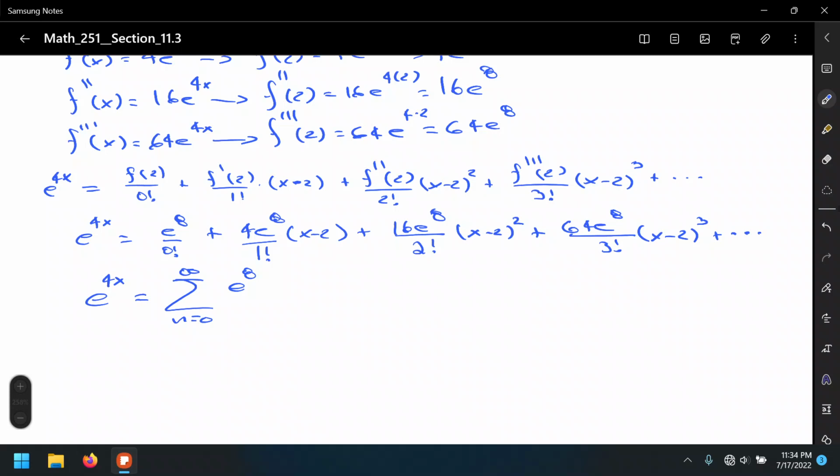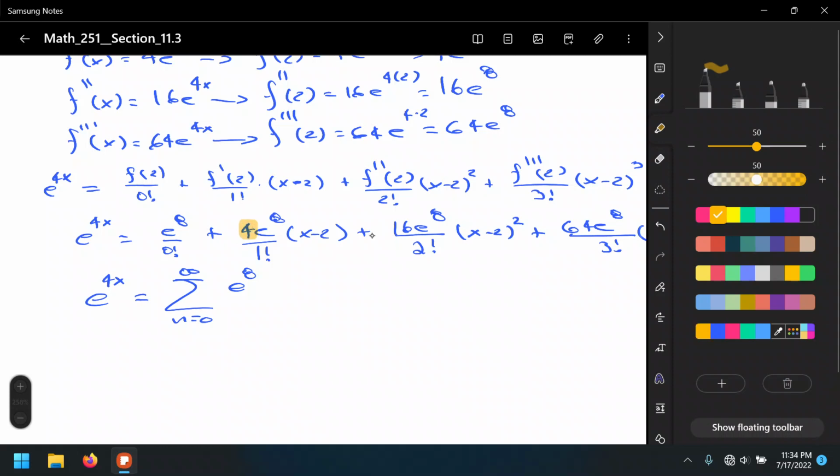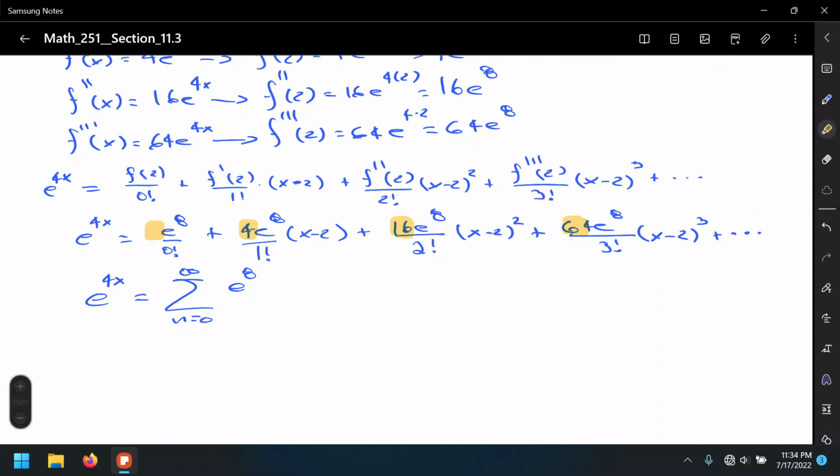And also notice the powers of 4, like 4, 16, 64, and there is an invisible power of 4. If you want to rewrite this, that's 4 to the first power, that's 4 squared, which is 16, that's 4 cubed, which is 64, and this is basically an invisible one, which is 4 to the 0. Now let's express that as 4 to the n power, and then notice how the sequence of factorials appears in the denominator.